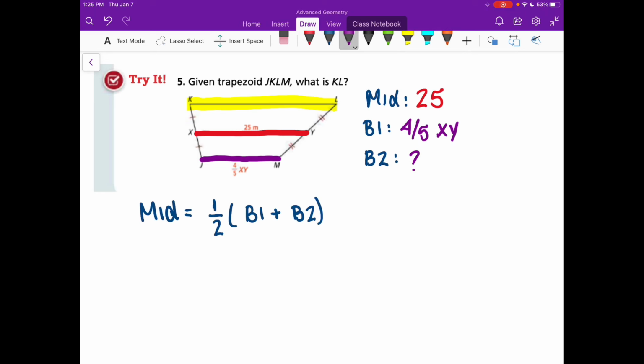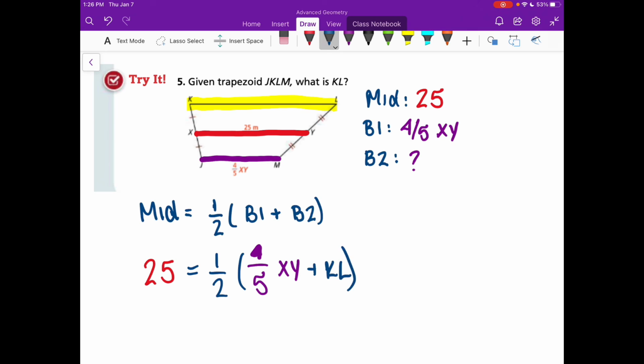But we can set this up as 25 equals 1/2 base 1, which is 4/5 xy, plus our unknown. We can label it KL since that's what we're actually trying to find, KL.